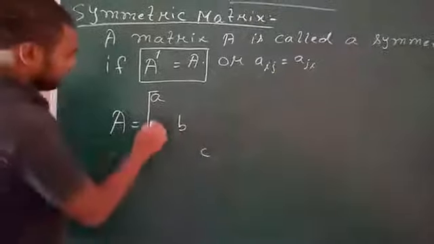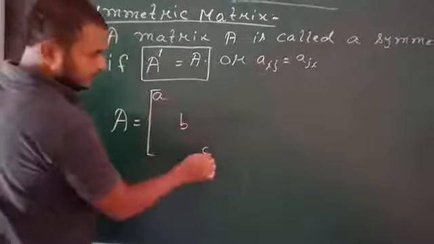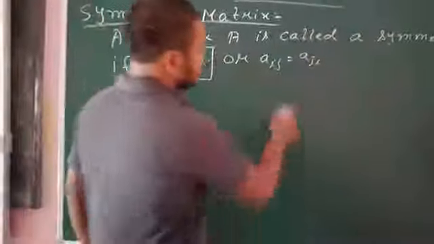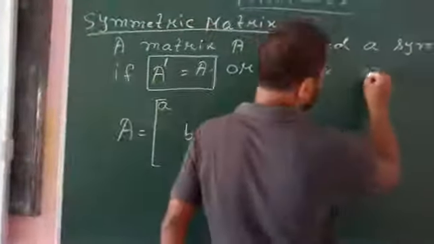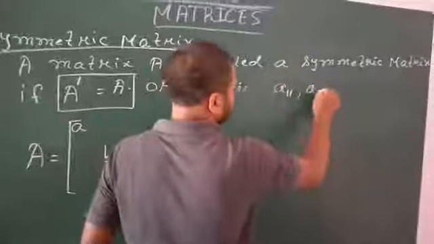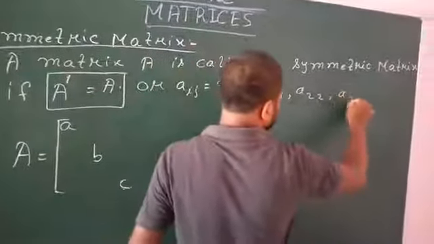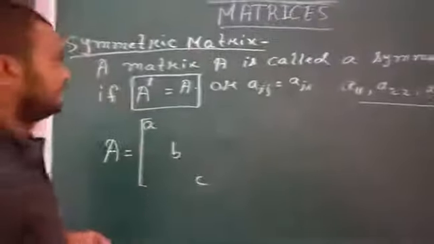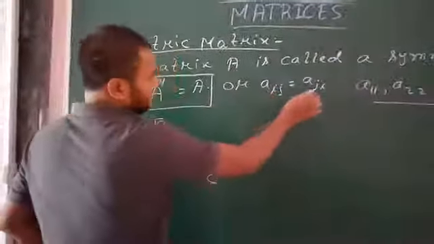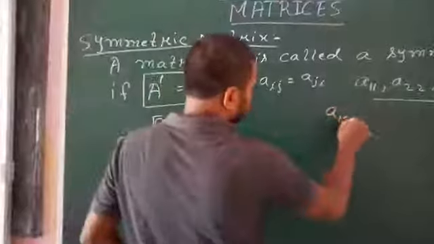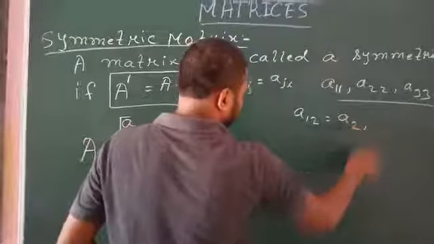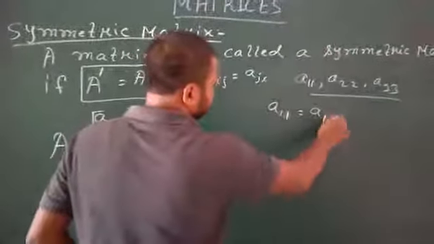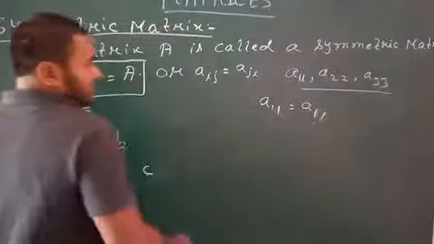Suppose the diagonal elements are of the type A11, A22, A33. The diagonal elements will never change here, because if Aij equals Aji, A12 should be equal to A21. But for a diagonal element A11, if you interchange, it will not change.